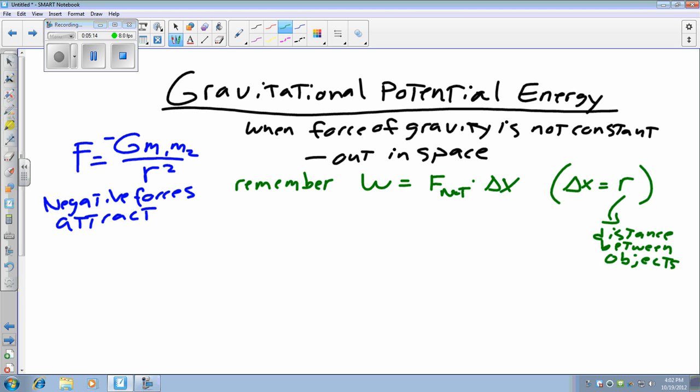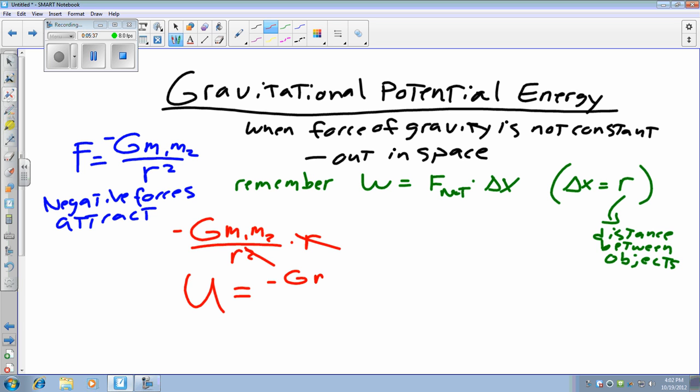So if we take this force times the distance, negative G m1 m2 over r squared times r, we lose an r there, and so U is equal to negative G m1 m2 over r, not r squared, for reasons I just explained.